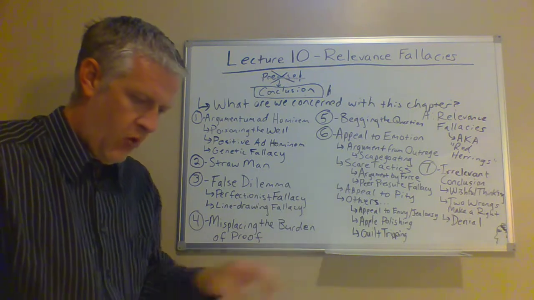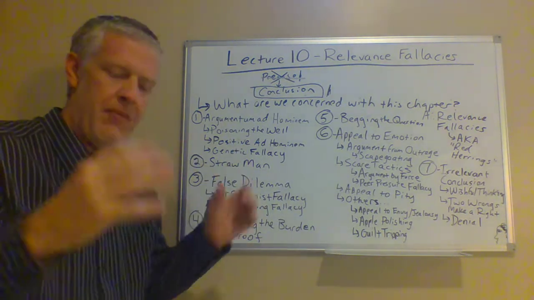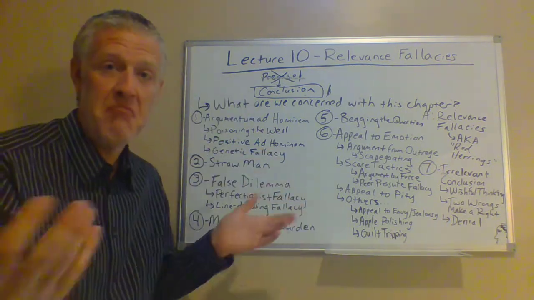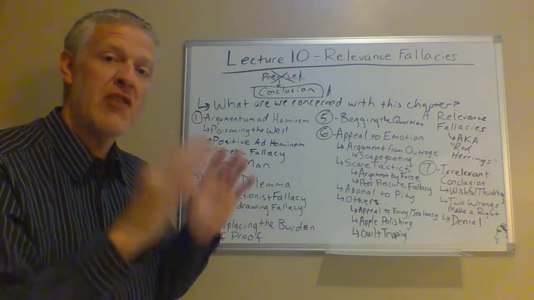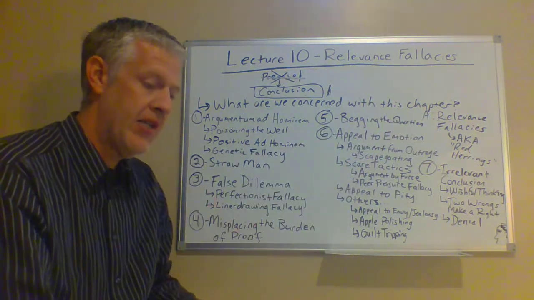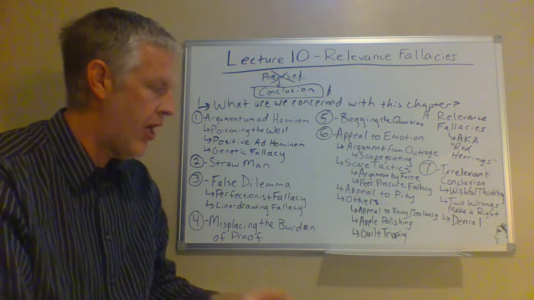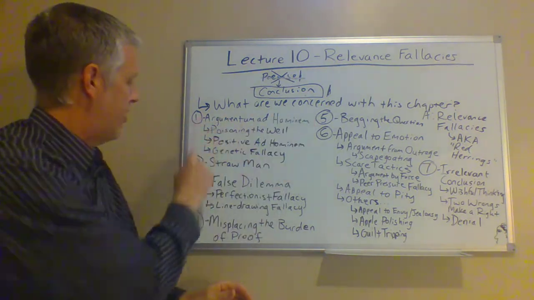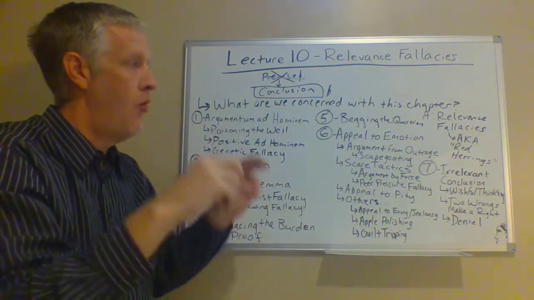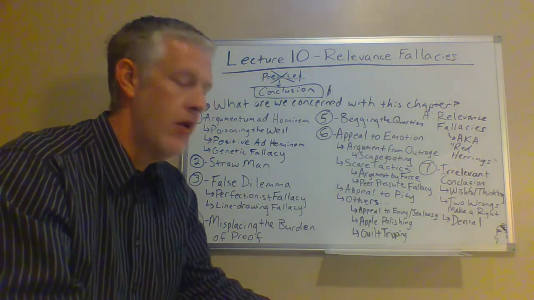So those are the preliminaries, the setup, if you will, for diving into the catalog of not just fallacies, but in particular relevance fallacies, getting into these various kinds. But before I turn to slide 4, I wanted to mention that there are 7 general types of relevance fallacies, and that, not surprisingly, corresponds to the homework.